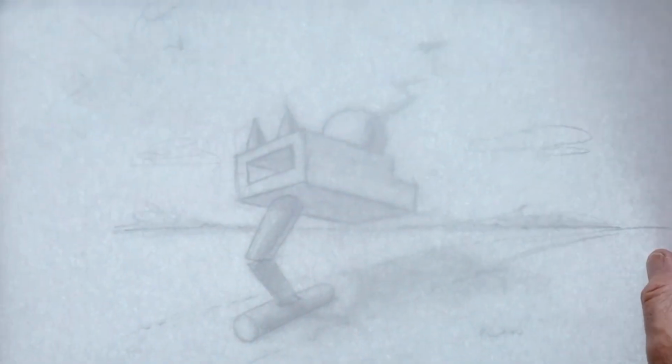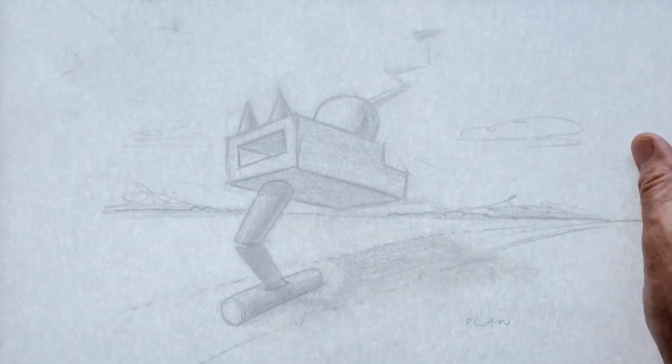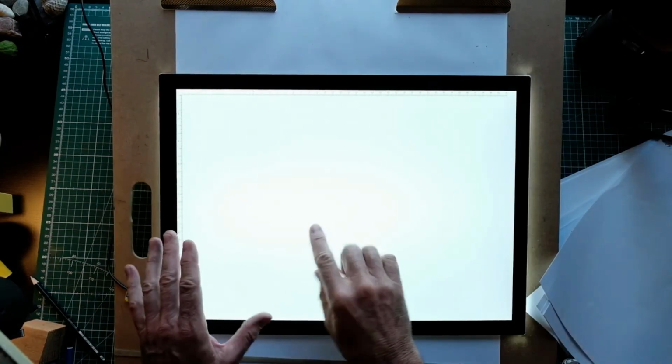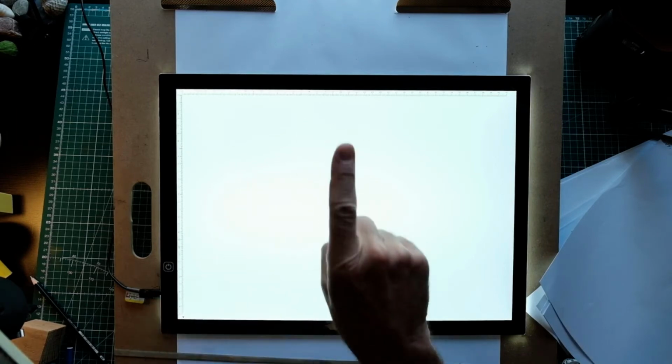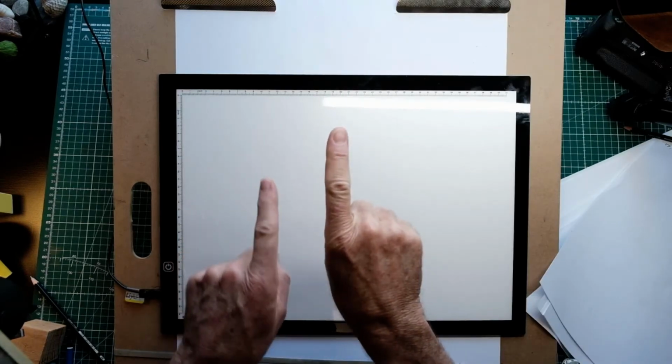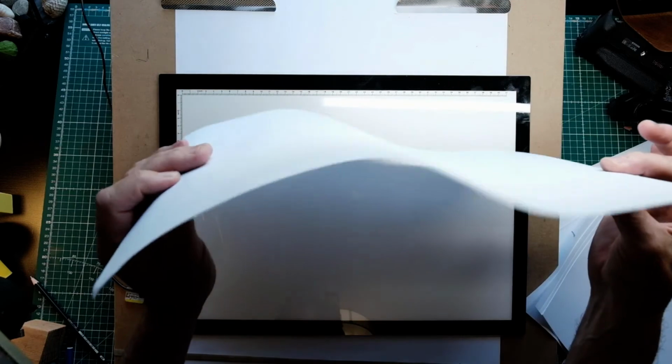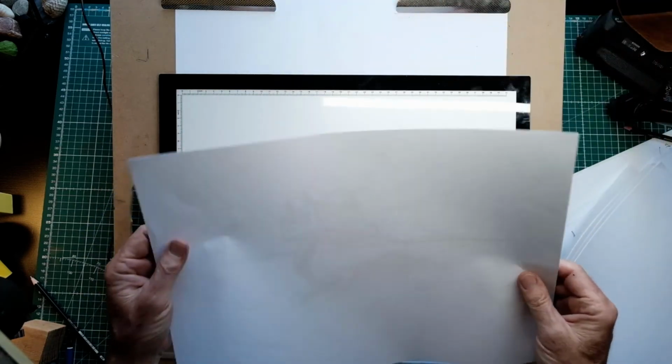So this is good. I like working this way, but this is also the same as a window. Imagine now if I walked up to my window right there, right, that's a window, and if I stuck my paper on the window, then I would be able to trace it this way. It's the same thing.